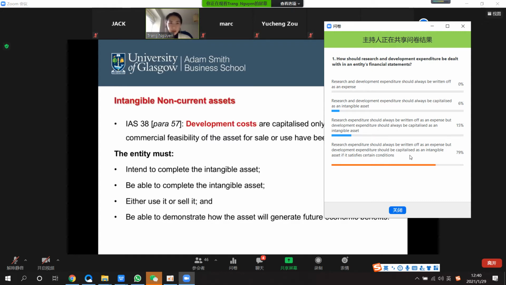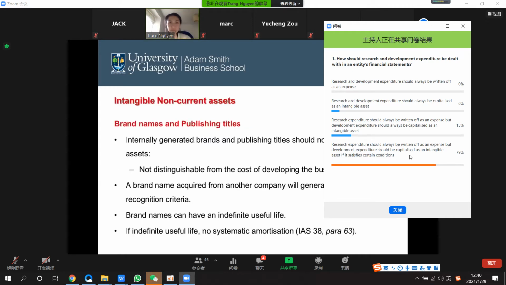But for IFRS, the development stage must satisfy all or certain conditions. So 27 people got the correct answer. Thank you for the 5 answers, 15%, for me to explain again. And be careful when capitalizing intangible assets. Okay.